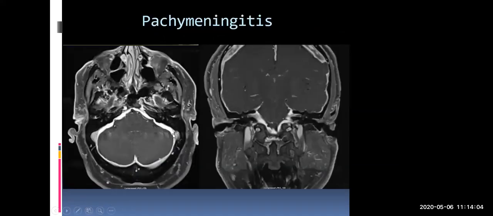This is how bad pachymeningitis can get. You can see very severe enhancement of the leptomeninges everywhere around and including into the IAC. This patient has recurrent episodes of sudden sensorineural hearing loss, but he does not allow us to do any kind of workup for him, lumbar puncture or even transmastoid biopsy.